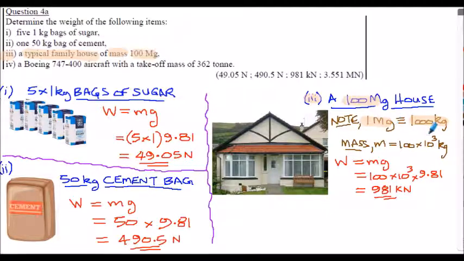So in this case, the mass of the house is 100 times 10 to the 3 kilograms. Weight is equal to mass times gravitational acceleration. So the mass in this case is 100 times 10 to the 3 kilograms, and that's multiplied by 9.81 meters per second squared. So the weight of our house is 981 kilonewtons, or 981,000 newtons.